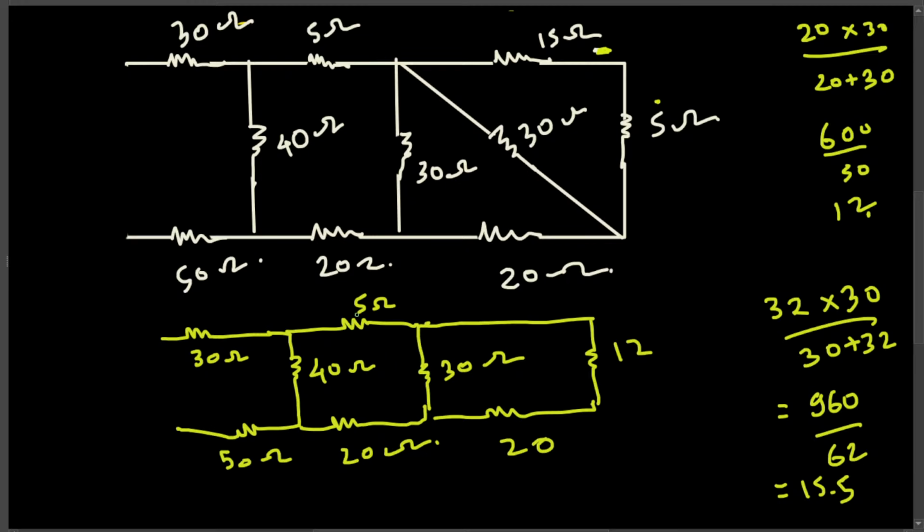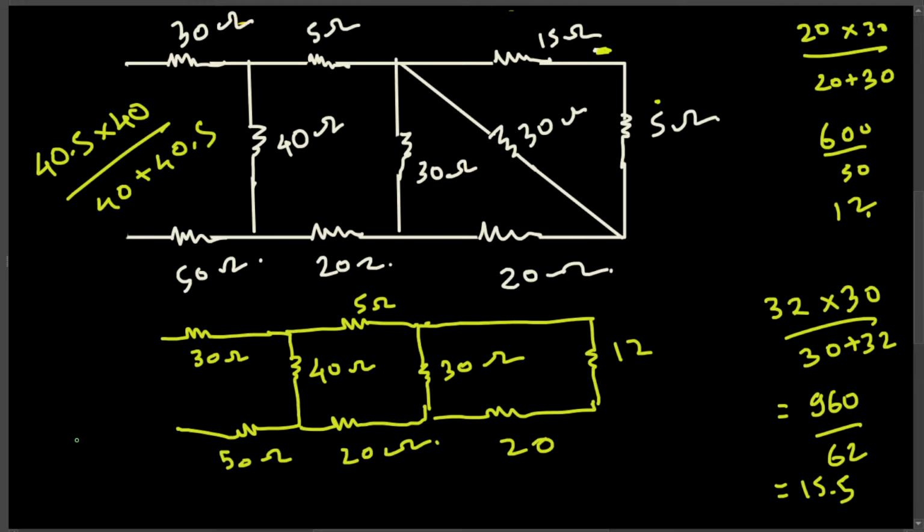And then after that, these three are in series. 15.5 plus 5, that is 20.5. 20.5 plus 20, that is 40.5. 40.5 and 40 are in parallel. So 40.5 times 40 divided by 40 plus 40.5.